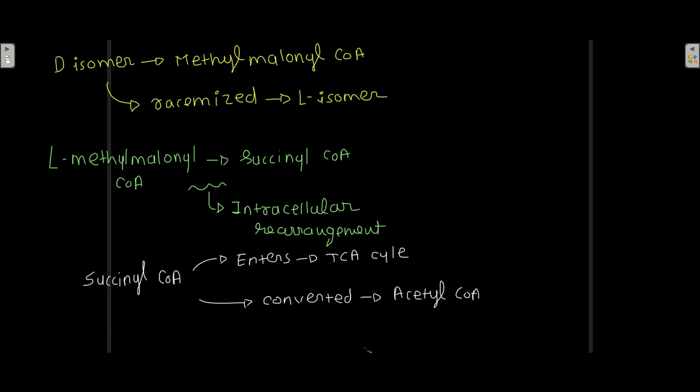After that, this succinyl coenzyme A can enter the TCA cycle, where it can be converted into acetyl coenzyme A. So the succinyl coenzyme A produced here enters the TCA cycle to get converted into acetyl coenzyme A.